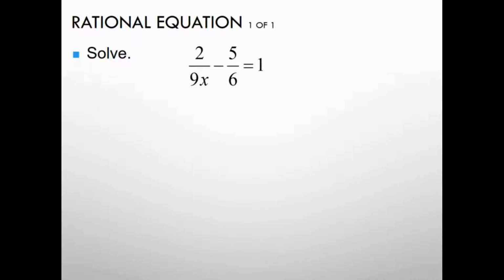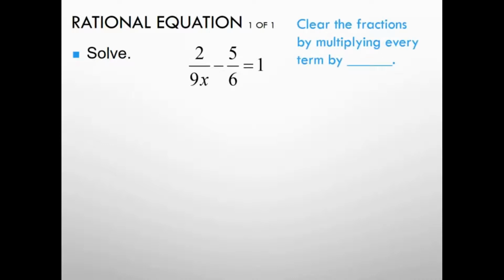Here we have a rational equation. And rather than try to find a common denominator to simplify, we're going to eliminate the denominator. We're going to clear the fractions by multiplying every term by the least common denominator. We have denominators of 9x and 6 with the least common denominator of 18x that each of these denominators would go into.